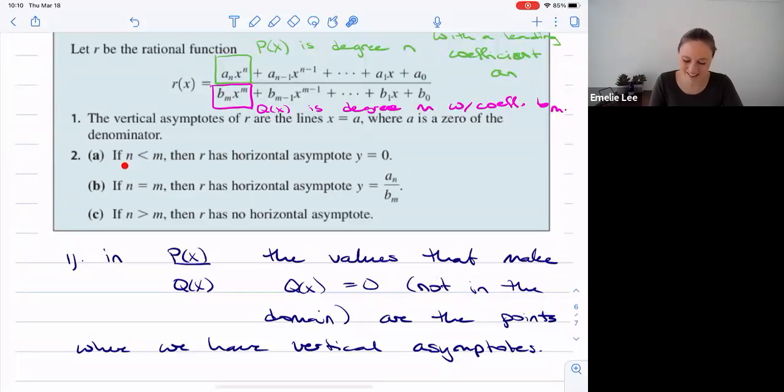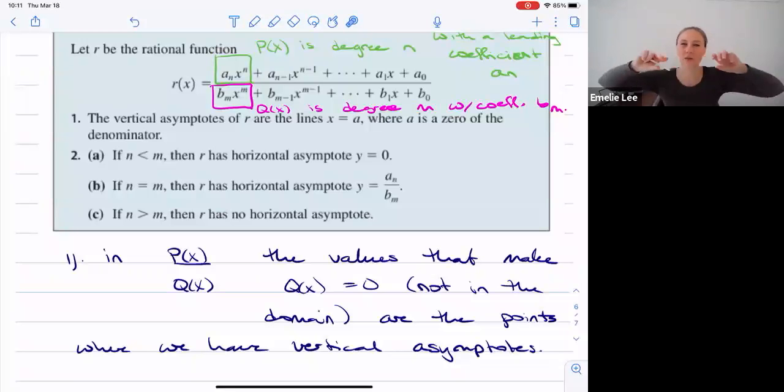If the degree in the numerator is less than the degree in the denominator, then you're going to have a horizontal asymptote at y equals 0. That's on the x-axis, so as x goes to positive and negative infinity, we plateau off around the x-axis.